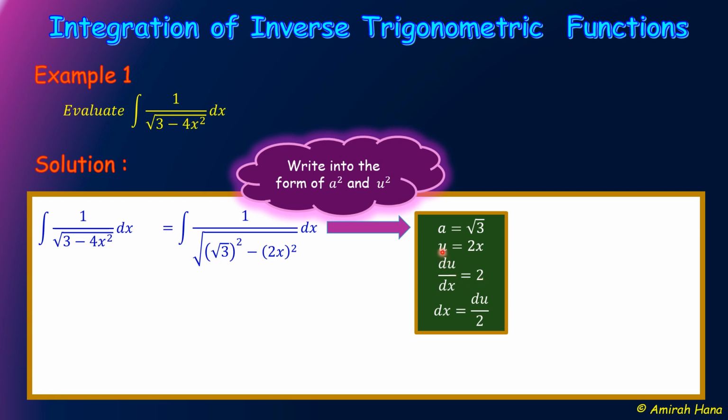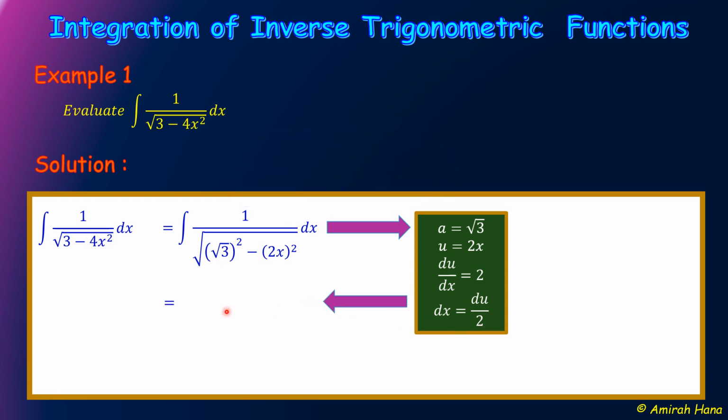When we use u substitution, we need to write dx as the subject, so we get dx equals du over 2. After that, we substitute back in terms of a, u and du. So we have integration of 1 over a equals root 3, and our u equals 2x, and dx equals du over 2.